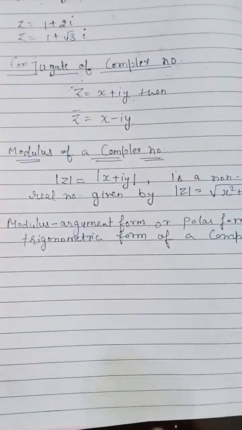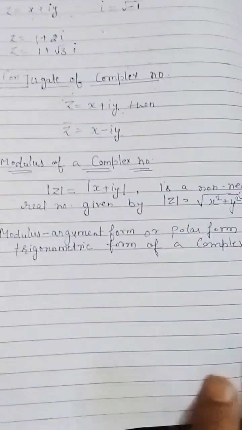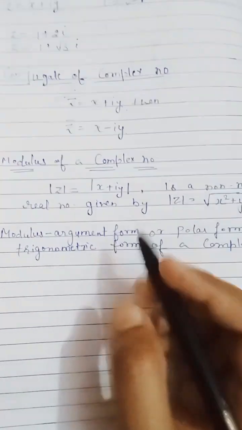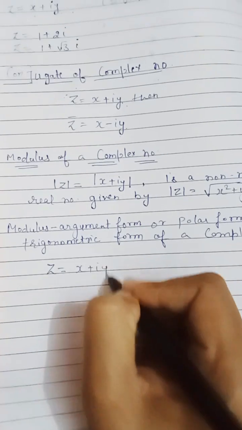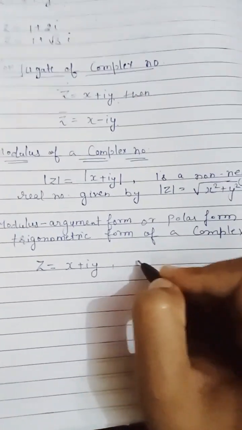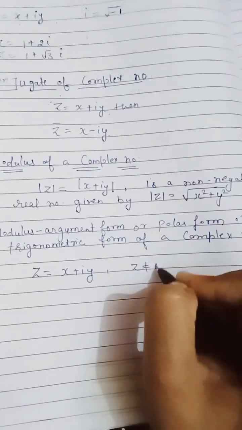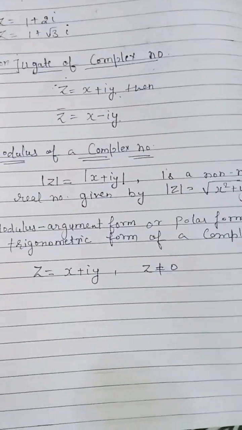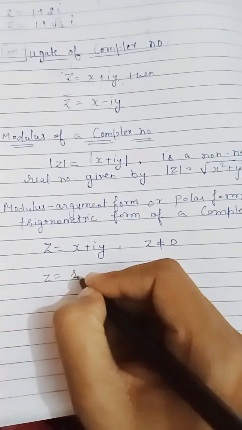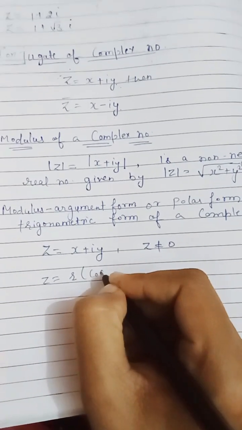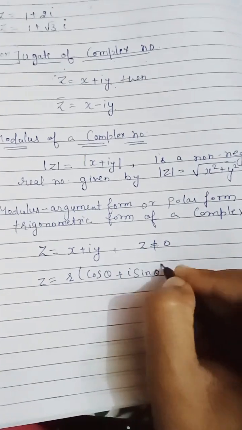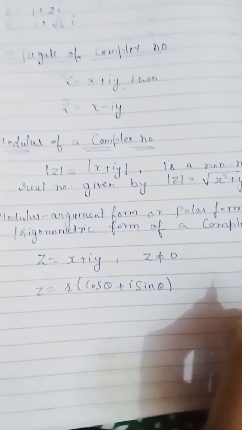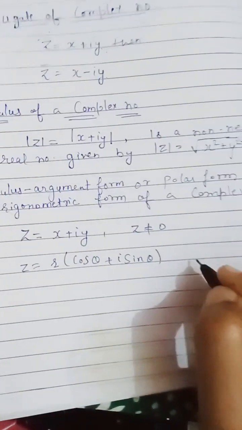For the modulus argument form, every non-zero complex number, that means z is equal to x plus iota y where z is non-zero, we define it by z is equal to r (cos theta plus iota sin theta), where r and theta are both real numbers.